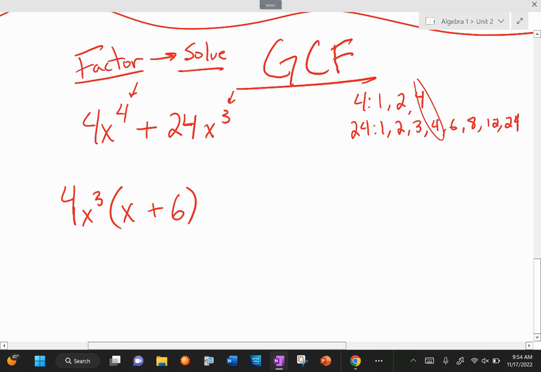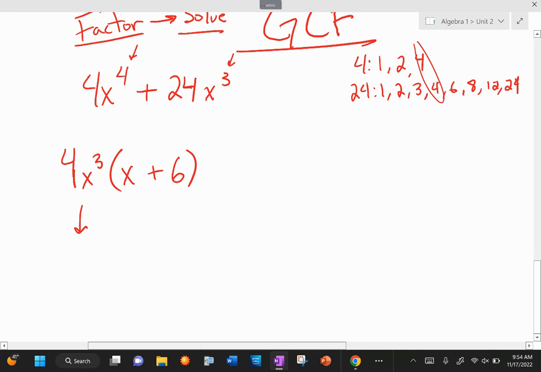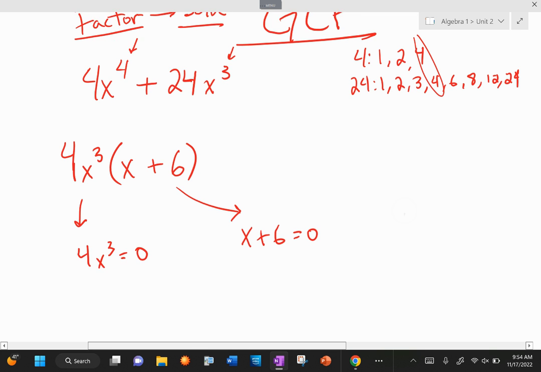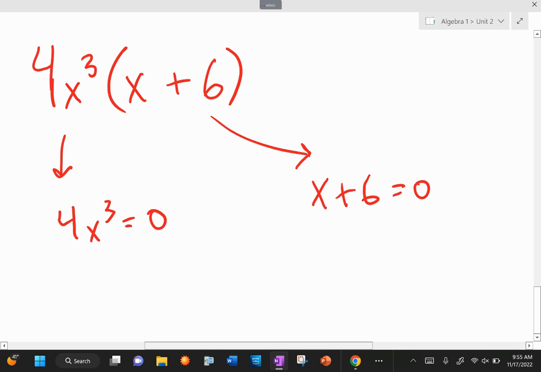So these are your factors that you need to set equal to 0. I'll take 4x to the 3rd and set it equal to 0. And then I'll take x plus 6 and set it equal to 0. And these would be your 2 x's to solve. So what is happening to the variable in the left equation?